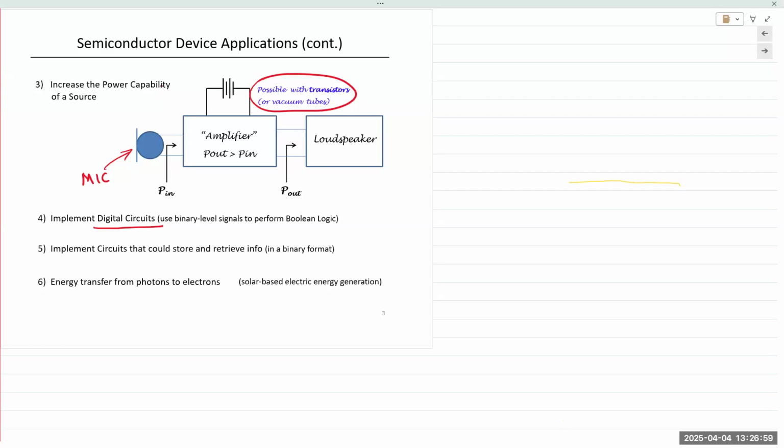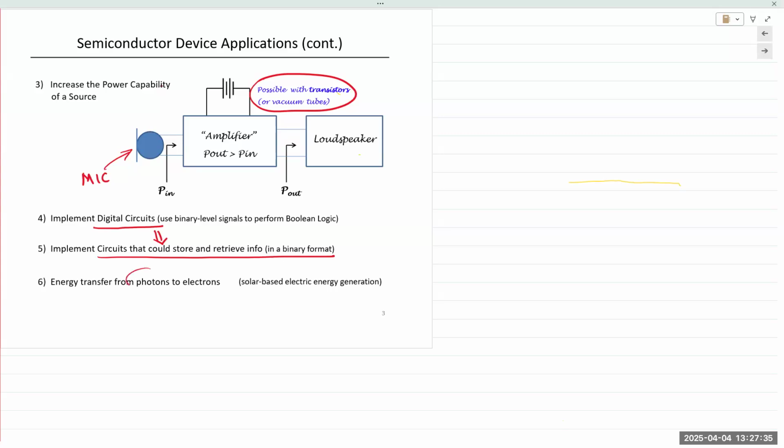But when we say logic circuits, we are exclusively talking about digital circuits, which is the binary number system, 0 or 1. This is a subset of digital circuits. A memory storage device is a digital circuit. So application number 5 is a subset of digital circuits.